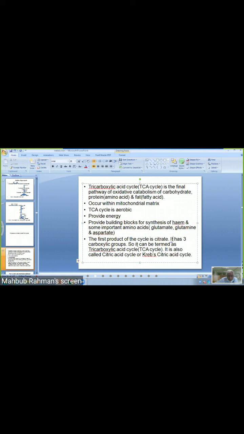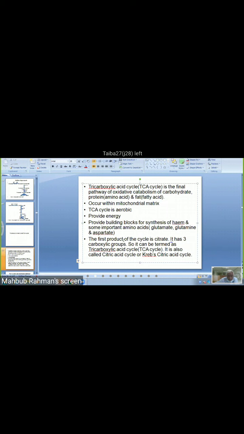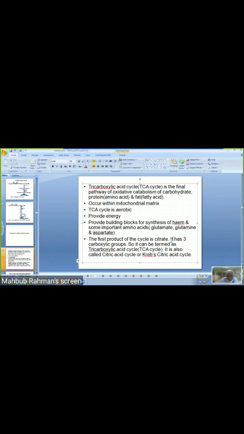Oxaloacetate and acetyl-CoA condense together to form citrate, and citrate has 3 carboxylic groups. So it can be rightly termed as tricarboxylic acid, the tricarboxylic acid cycle, TCA cycle.